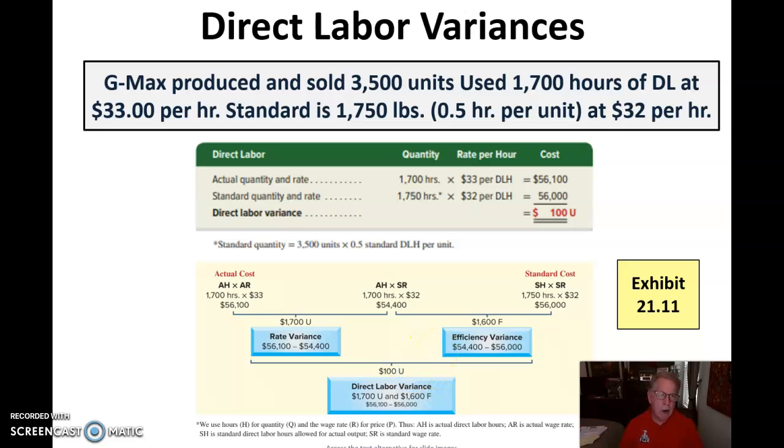And why that might occur, you might have used more expensive labor that's better trained and more efficient, but more expensive, but they produced more. So that's one explanation of why these numbers would be the way they are.